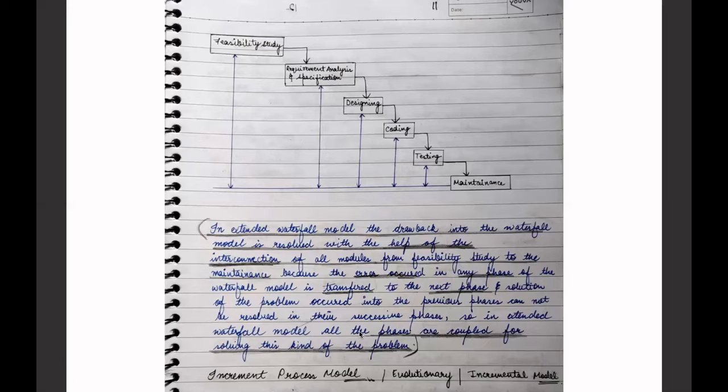It is easier to manage risk, as the high risk part is done first. With every increment, an operational product is delivered. Issues, changes and risks identified from each increment can be utilized in the next increment.